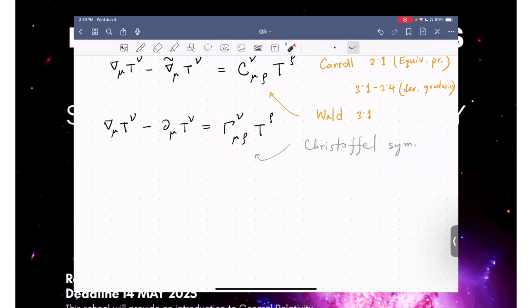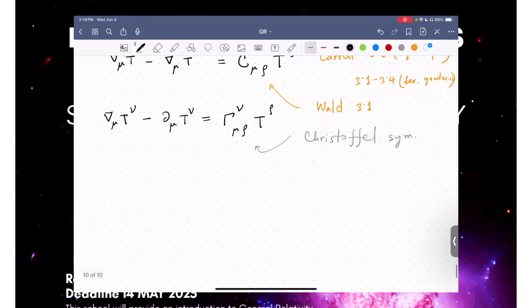And then by imposing the constraint that this has to transform as a vector under a coordinate transformation, we were also able to figure out the coordinate transformation rules for these Christoffel symbols.